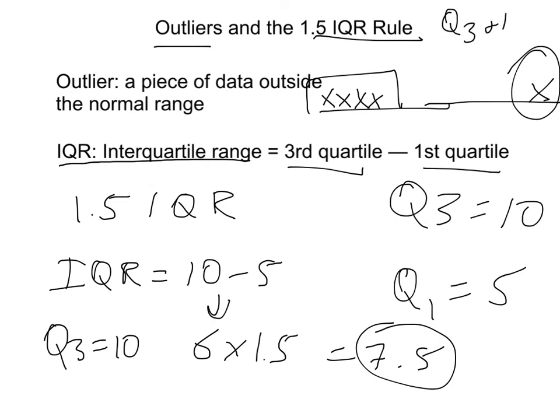If it's above that, then it's an outlier. Or if we look at the bottom, we're going to take our Q1 and subtract 7.5, or whatever your 1.5 IQR is.